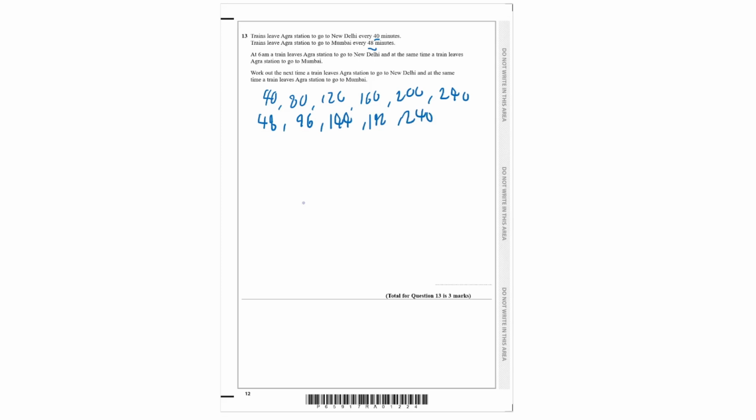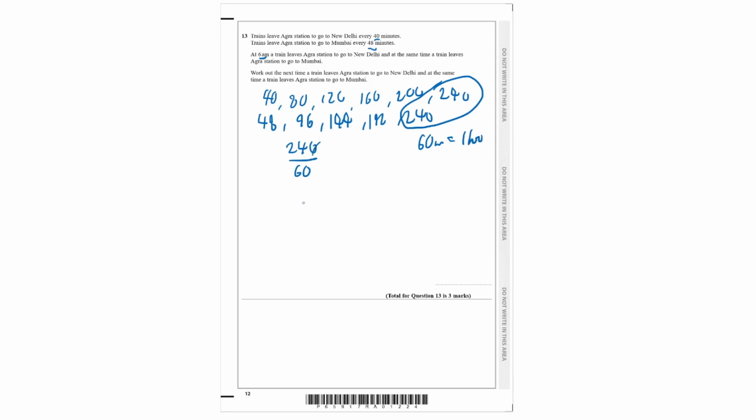Notice how both of them have the same multiple of 240. So that means that this is the time that they both arrive and leave at the station together. However, we have to give the time that they leave. So if it is 6 a.m. and it's an additional 240 minutes, that means it is 240 minutes divided by 60, because 60 minutes is equivalent to 1 hour.